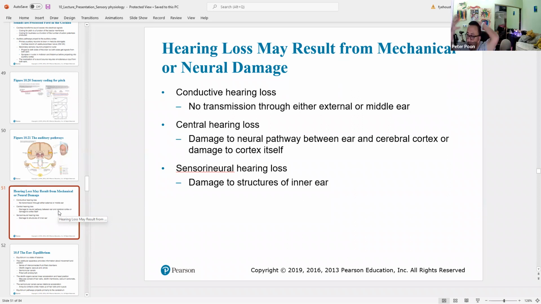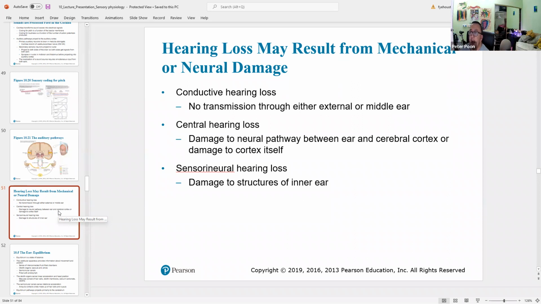Your inner ear works fine, but the pathway of sound is somehow blocked. Like if you take a cotton ball and shove it into your ear, you're blocking the passage of sound through your ear. That's conductive hearing loss.